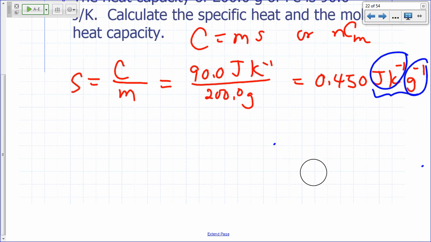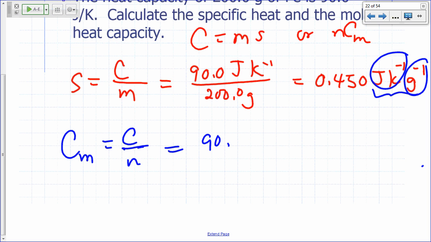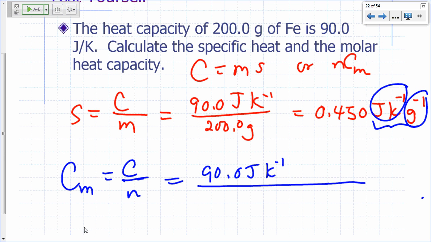What's the molar heat capacity for our sample? C sub m is heat capacity over number of moles. So what's our C? 90.0 joules per Kelvin. How many moles do we have? You have to change 200 grams to moles.